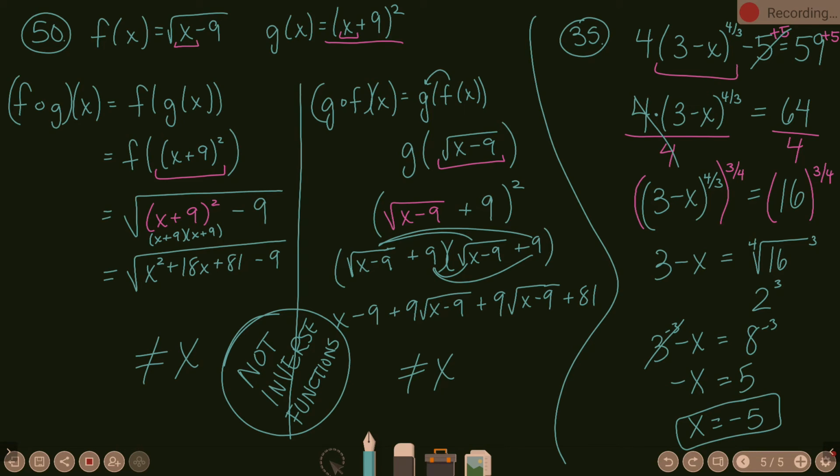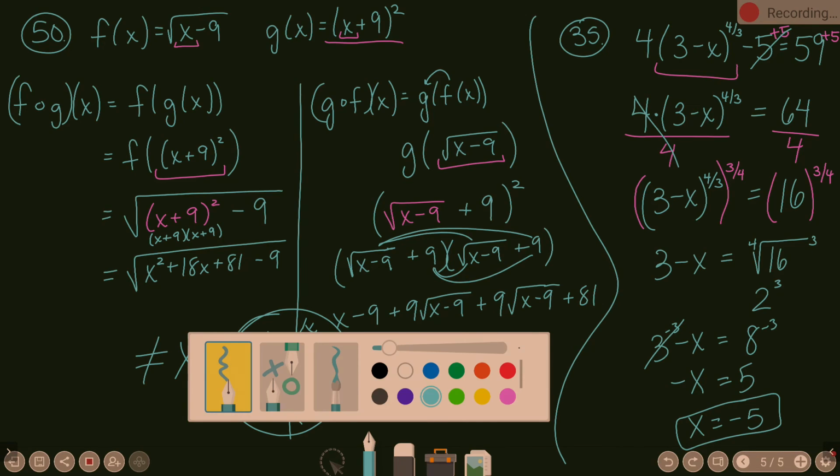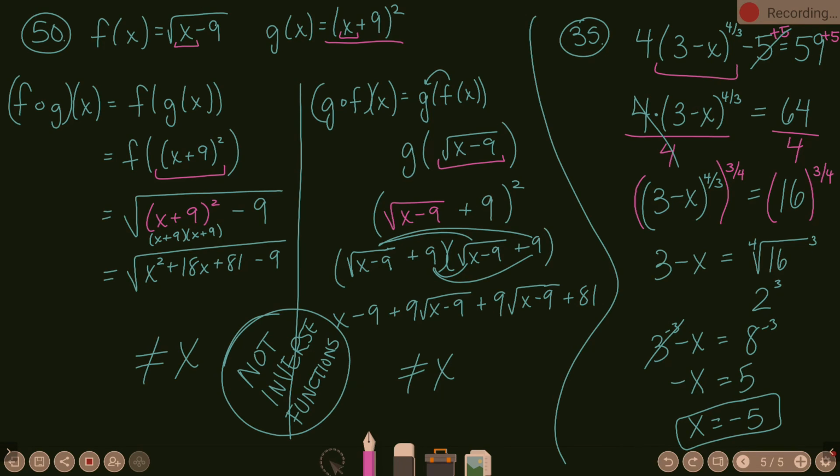Officially, what do you need to do? It's already done on your answer key here, but officially we need to check this. Does negative 5 work in the original problem? I have it checked off. I didn't write down my checks because I didn't have enough room there, so I have it checked off that it does. Should I go through that? Yes.